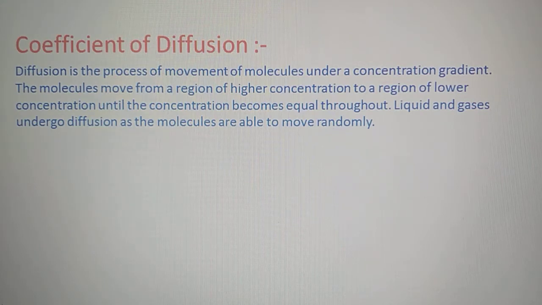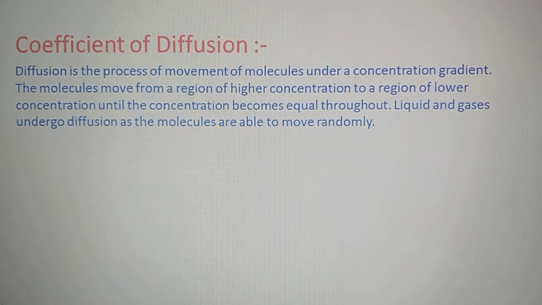So basically, diffusion is a process of movement of molecules under a concentration gradient. Wherever the concentration of molecules is uneven, the molecules of a gas or liquid tend to move from higher concentration to lower concentration until the concentration becomes equal throughout.